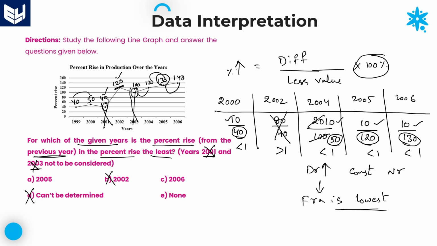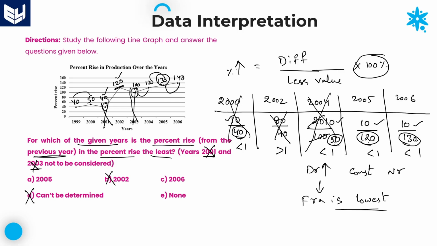As the numerator values are constant in each and every year, 2000, 2004, 2005, 2006, in these 4 years numerator is constant. So I am just comparing the denominator value. Denominator values 40 and 50: this is more, so you can eliminate 2000. And next 50 and 120: 120 is more, you can eliminate 2004.